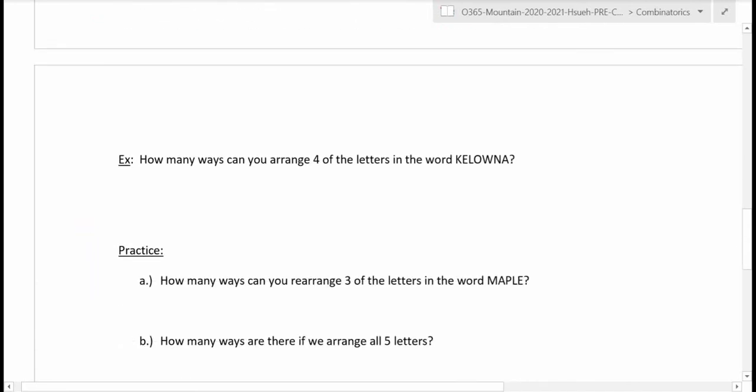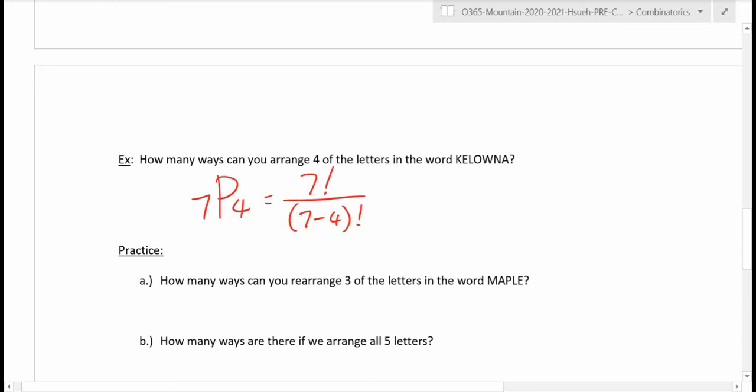Here's the example. How many ways can you arrange 4 of the letters in the word Kelowna? There are 7 letters in total, and we can just pick 4 of them. So 7P4: 7 letters, and I'm picking 4 of them. By definition, this is n factorial, so 7 factorial, divided by (7 minus 4) factorial.